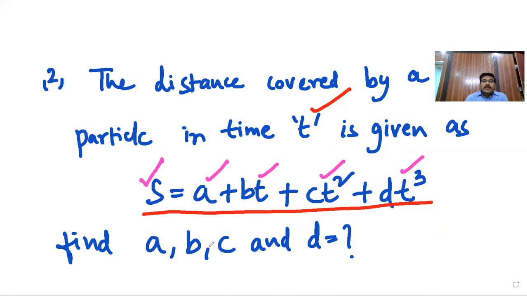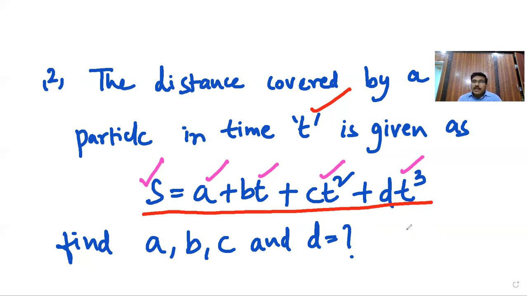That means the complete dimension formula on the left hand side and the dimension formula of each term separately on the right hand side should be the same. Then only the equation holds good.